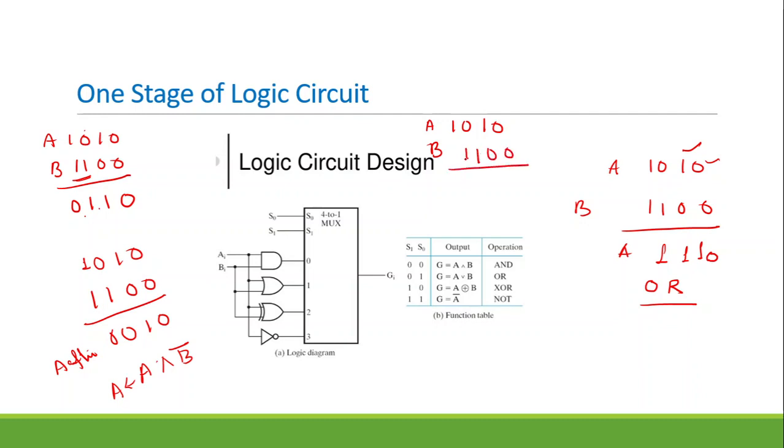So A after masking will be 1000. So the two rightmost bits of A are cleared because the corresponding bits of B are zeros.